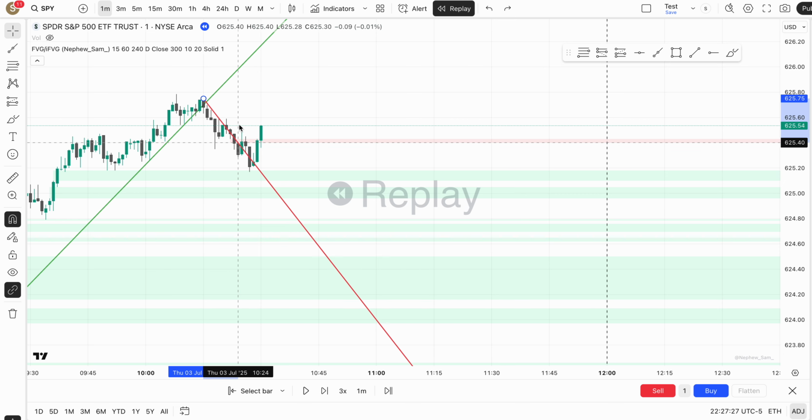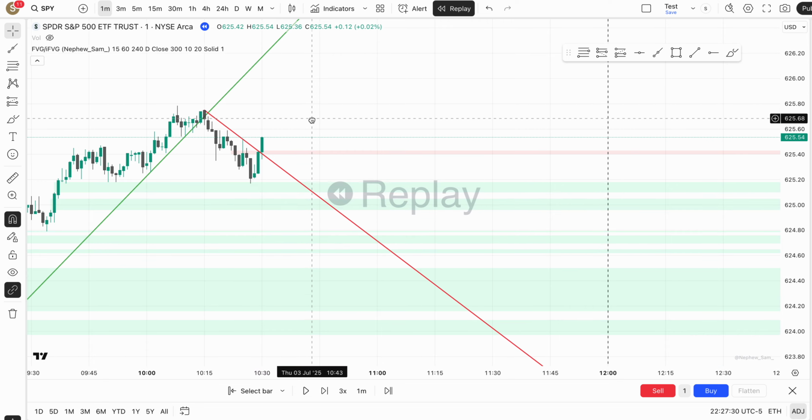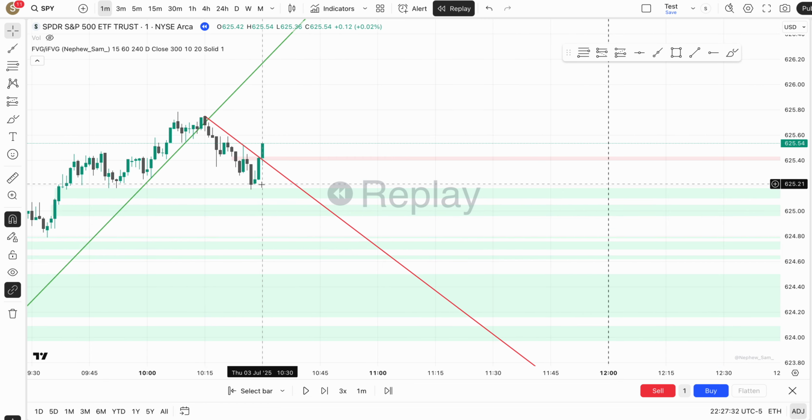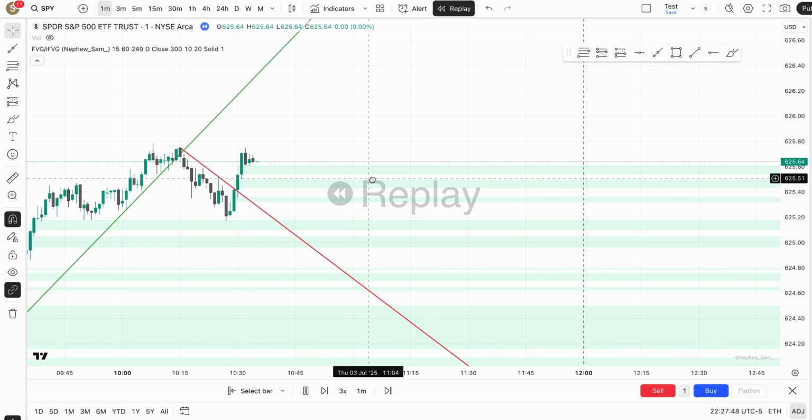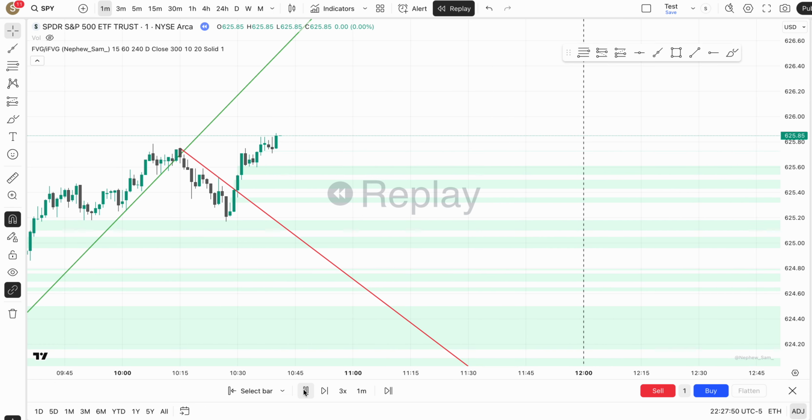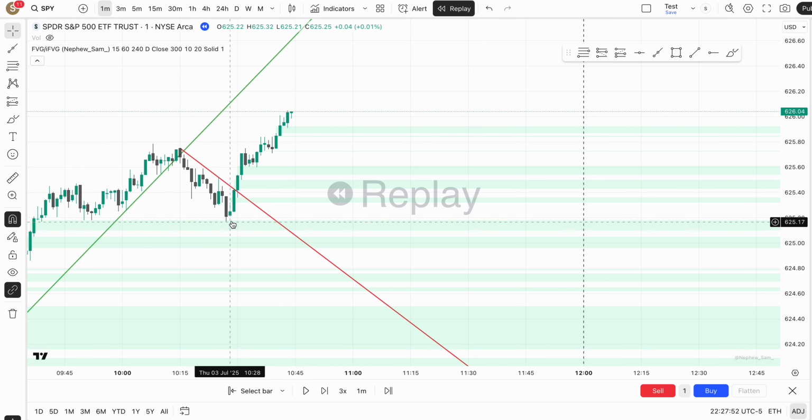We're going to move this over here. We broke this bearish fair value gap, so we can probably expect this to be support. But say you entered calls here at 625.38. Then we get this uptrend line formed.